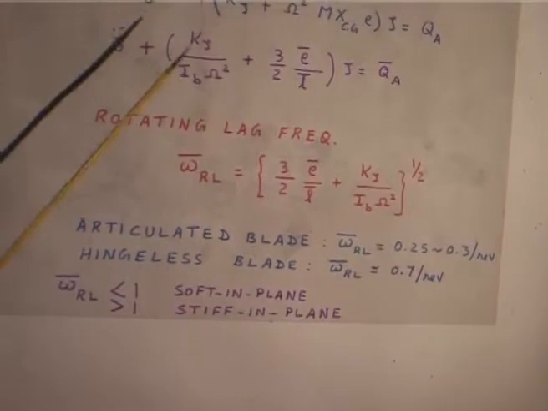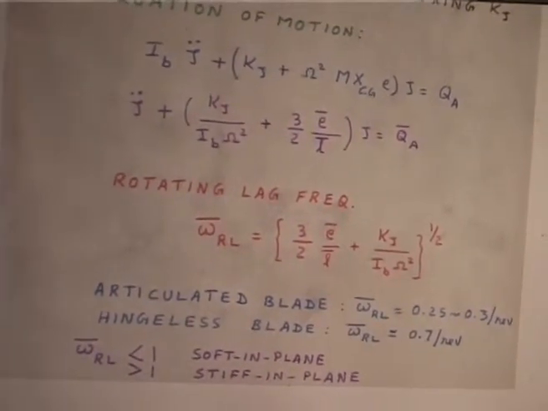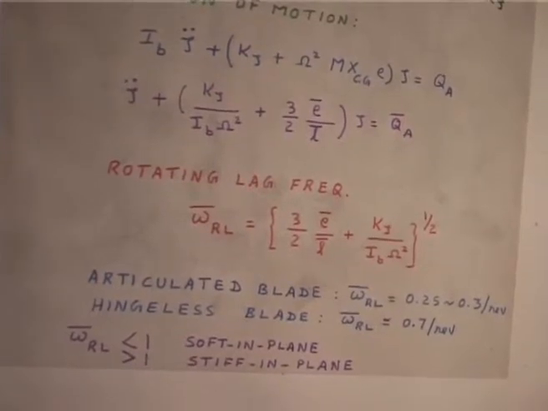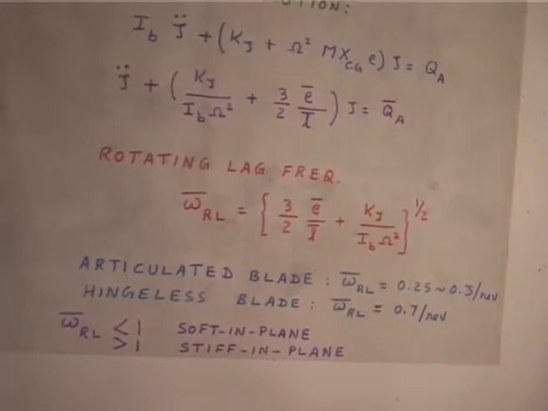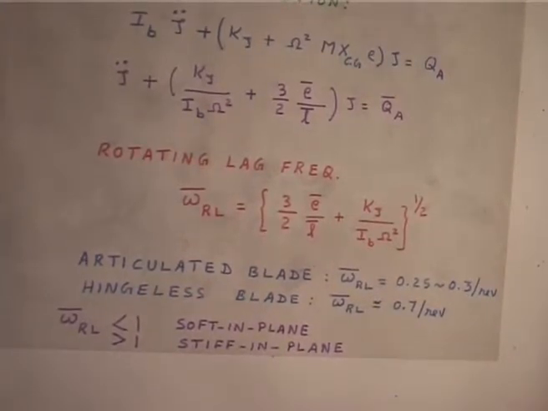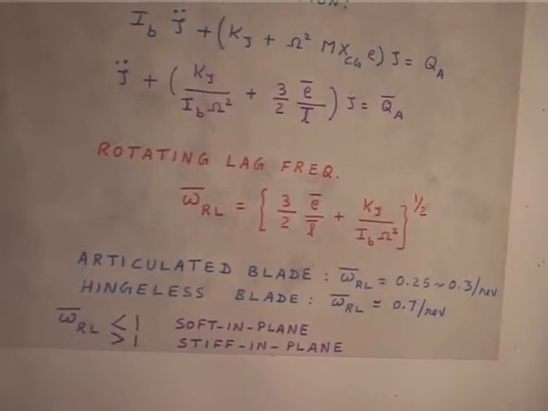But if you put a spring, equivalent for a hingeless blade, because you have a restoring spring effect and there is no hinge, then the frequency goes to 0.7. You try to design to have it around that.